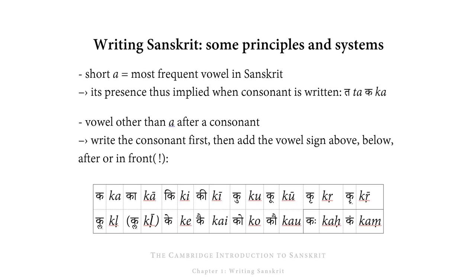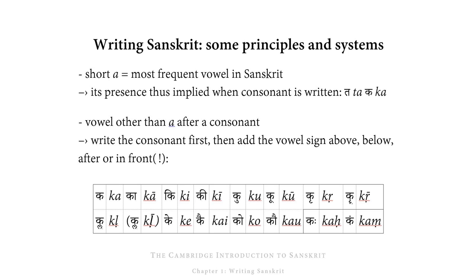However, Sanskrit has many other vowels than just short a, and these of course need to be written down as well. So if you want to write a vowel other than short a after a consonant, what you need to do is write the consonant sign first, and then add the vowel sign either above, below, after, or actually even in front of the consonant sign. So in the table that you can see here, we first have ka, that is basically just the consonant sign.